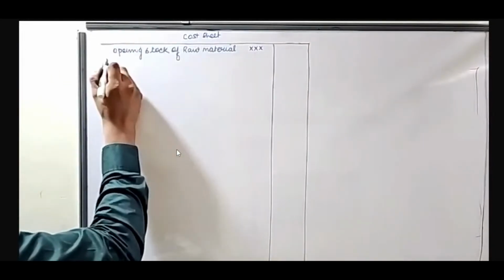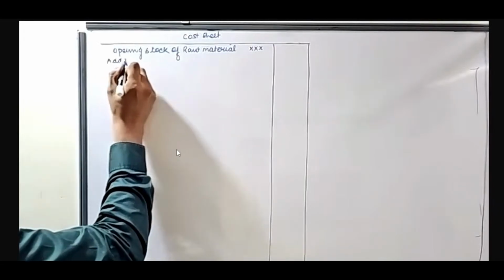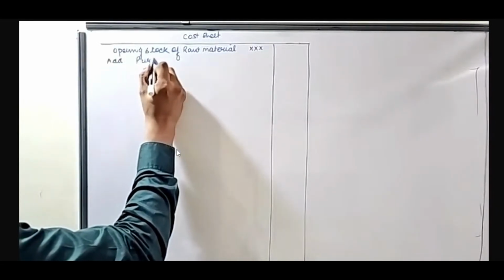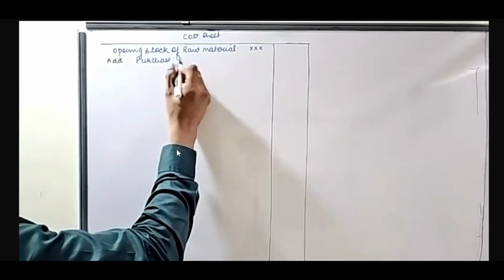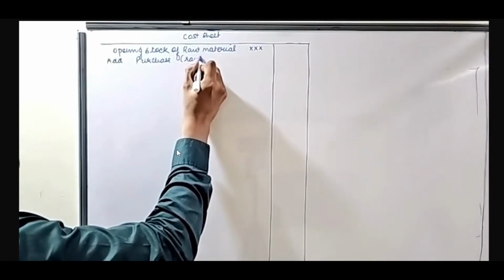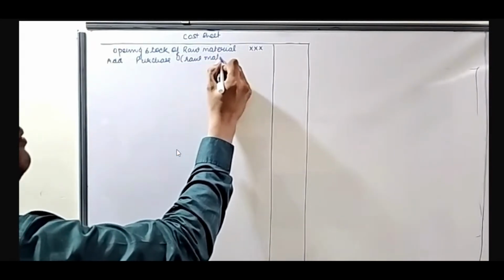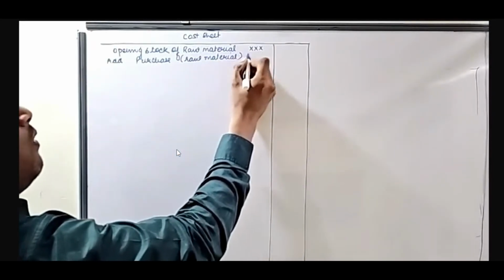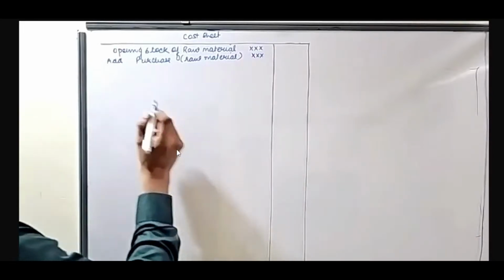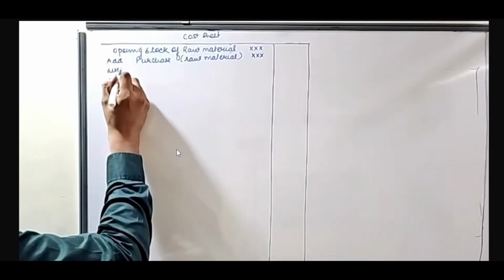Thereafter, to the opening stock of raw material, we will add purchases. Purchase of what? Raw material. And from this, we will subtract, less, closing stock of raw material.